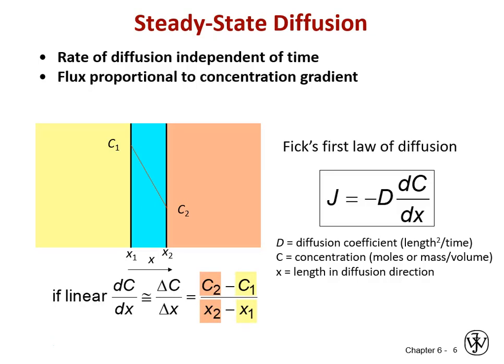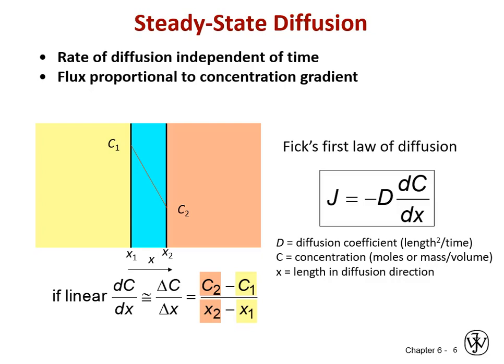It's just the slope of that red line between them. So if you basically squeezed that x down infinitely small to take the derivative, you would get dC/dx, and so that is the gradient that exists in Fick's first law.